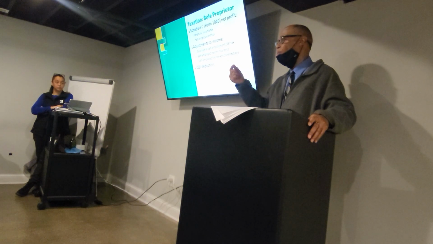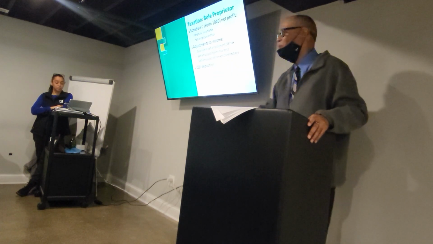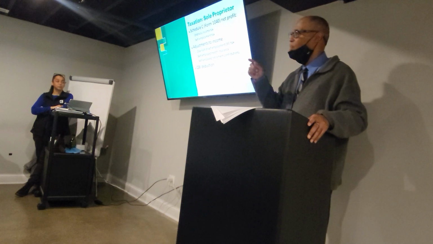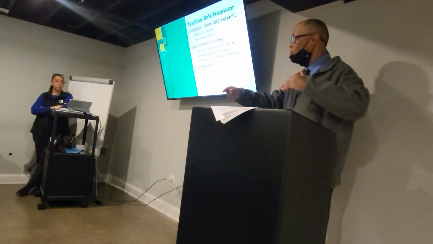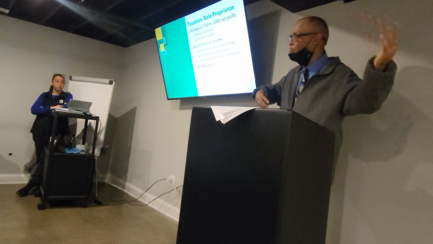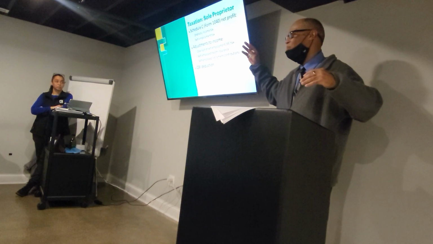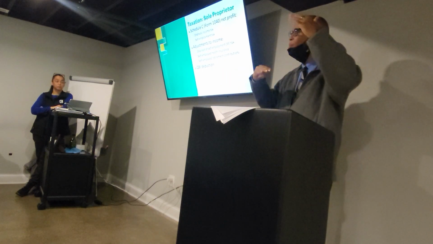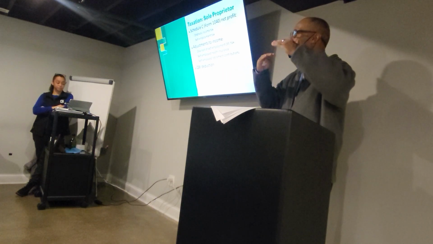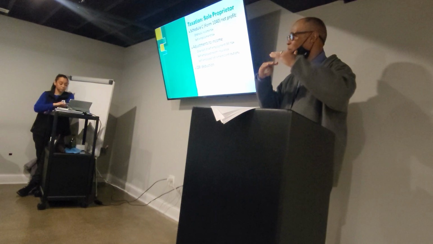Now, the trick is, and we'll talk about this, but when you have an S Corp or a C Corp, they have math because you have W-2 employees, you have 1099 employees, you may have inventory, so they have adjustments to kind of figure out what your actual income is.